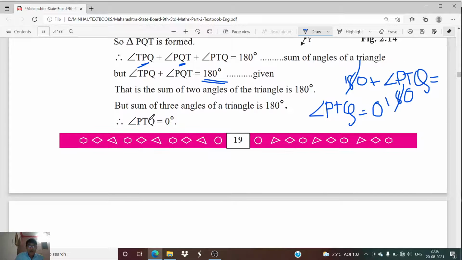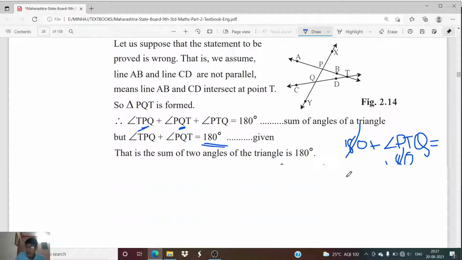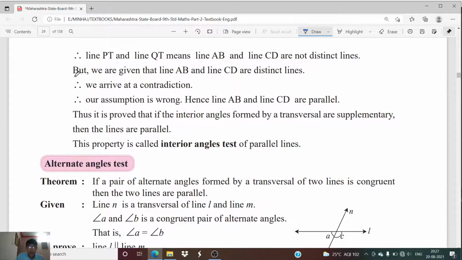So as we have got angle PTQ is equal to 0, that means line AB and CD are not going to intersect each other, as this angle is 0 degrees. So we write that line PT and line QT, meaning line AB and line CD, are not distinct lines.